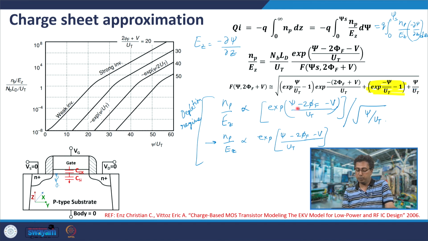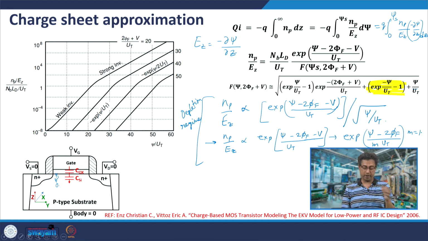So, NP by Ez roughly looks like this. Here you have a function of the form exponential chi minus 2 phi f minus V divided by ut, where m is equal to 1.